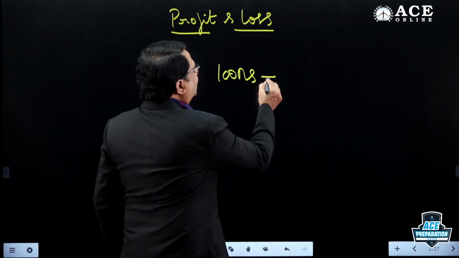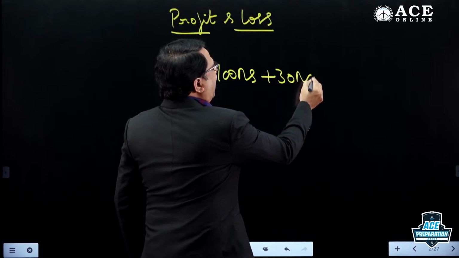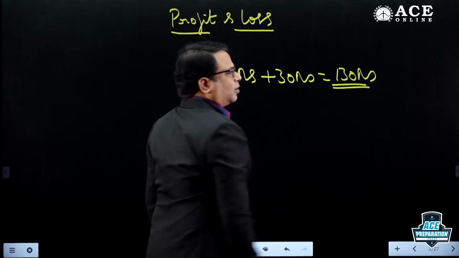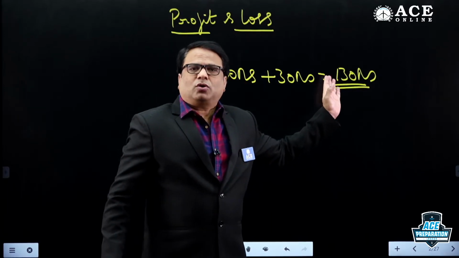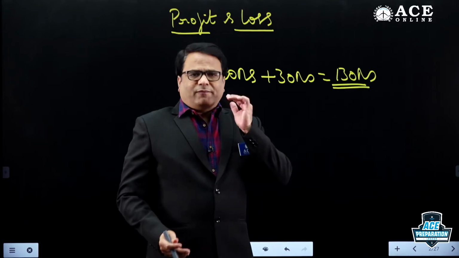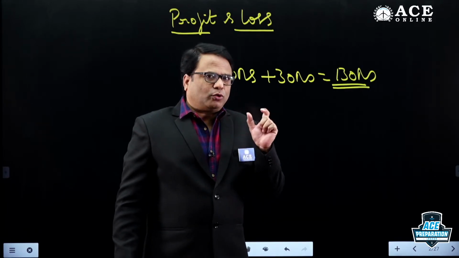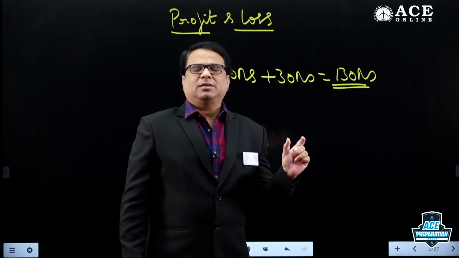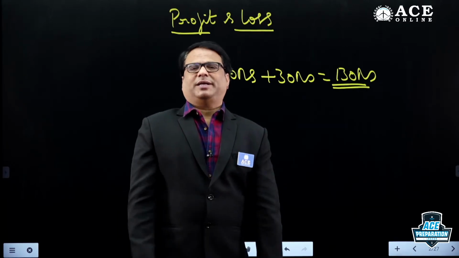So you add the 30 rupees to the cost price and then you mark the price as 130 rupees. So this 130 rupees is called market price. So whatever profit we want to make, we add it to the cost price. Then we arrive at market price.